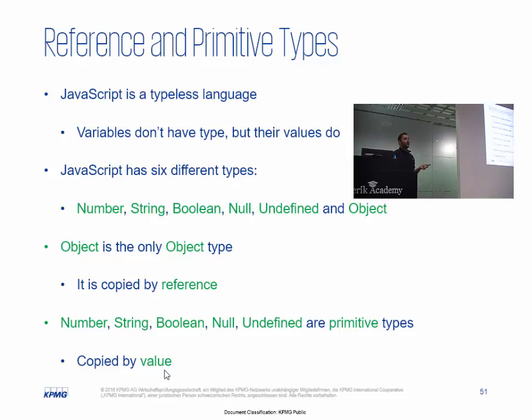That's why this is called a reference type, when we actually have an object that we can reference from different areas of our program and affect it. The value being copied between those two areas is the reference to the object, which means we're actually making changes to the object itself. So object is the only reference type in JavaScript. All the rest are copied by value. They are primitive types.